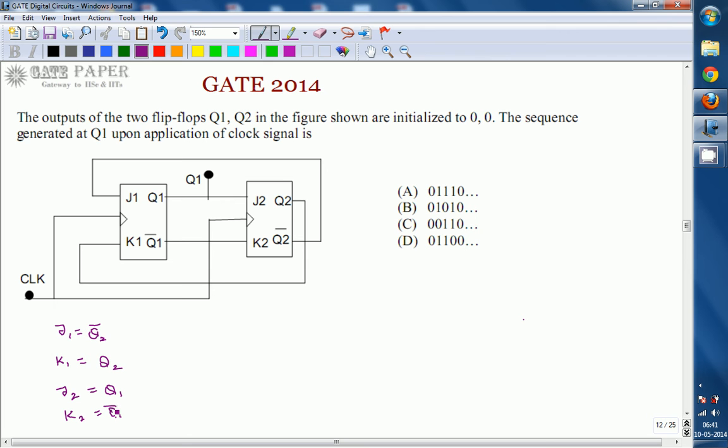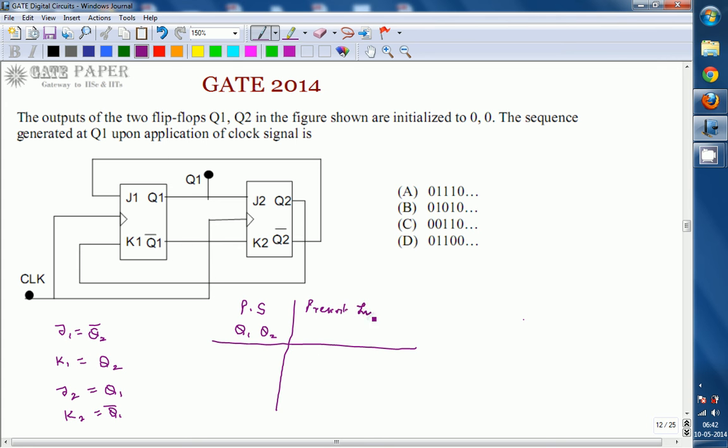And if you apply the clock pulses with the help of these inputs, what will be the sequence generated at Q1? We will go in this way. For the given present state, present state is nothing but the Q1 and Q2 values. Next, present state and present inputs.